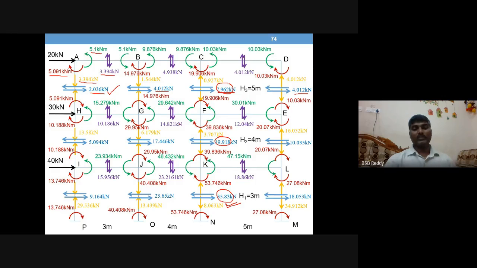So carefully practice all these 5 steps, because when compared to the portal method, this cantilever method involves a little bit more.